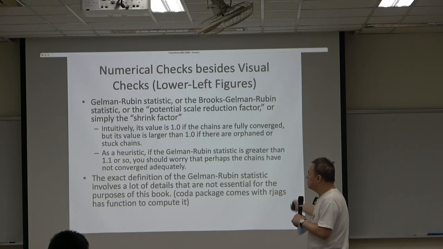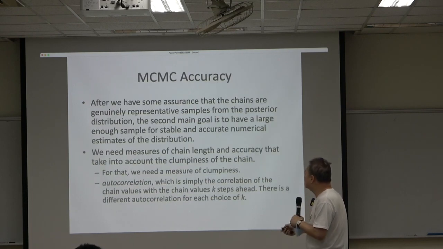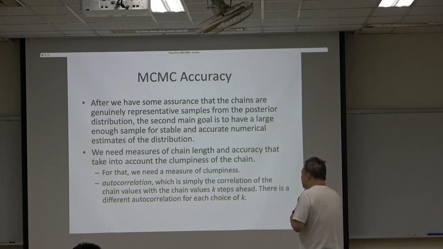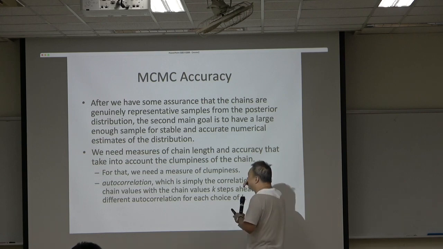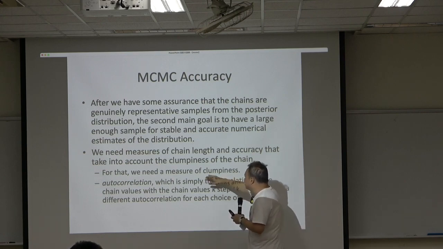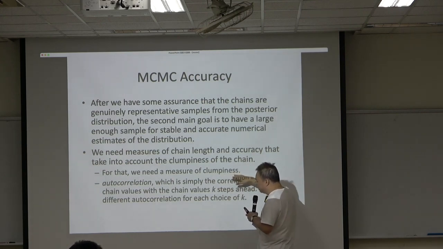This one talks about the figure on the lower left corner, so I would skip that. And autocorrelation is a measure of clumpiness.